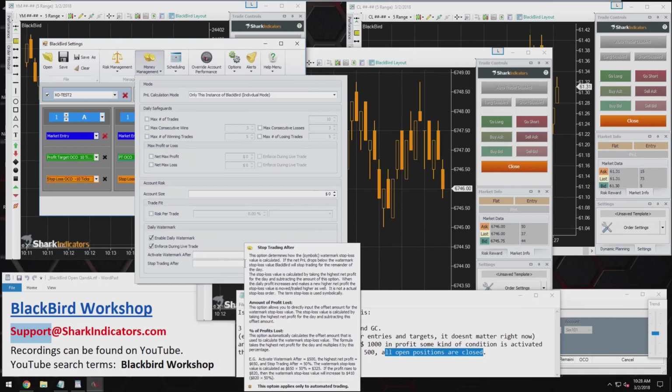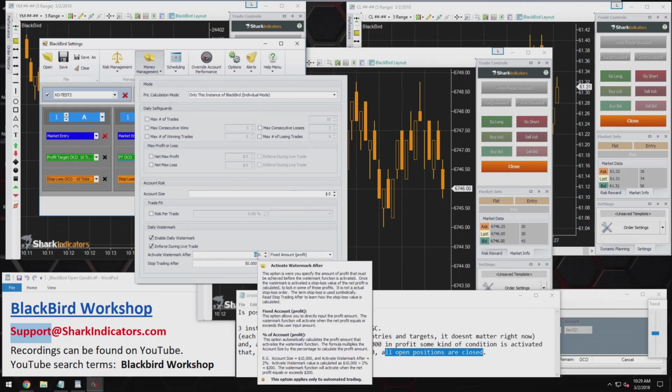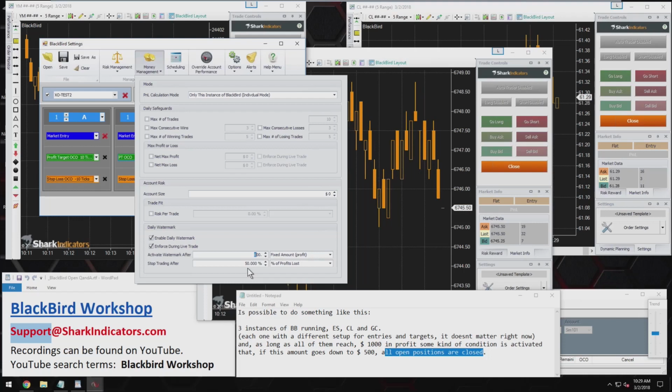We'll leave that at 50% here. 50% of profits, right? So essentially, once the net profit gets to $800, then the watermark, so the stop trading after, this is the actual watermark value. So that watermark gets set to $400, and then the watermark just keeps climbing higher as your net profit increases throughout the day.